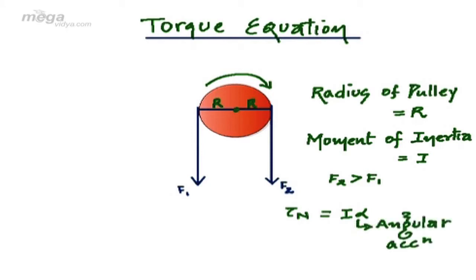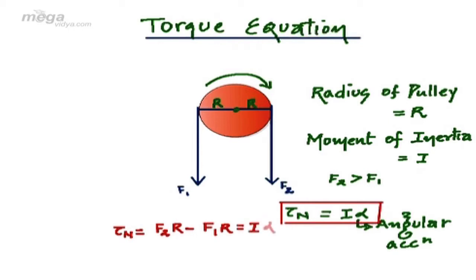From the figure, the net torque acting on the system will be the product of force and the radius, that is F2r minus F1r, and the whole torque according to the torque equation can be written as equal to I alpha, or we can say (F2 minus F1) r will be equal to I a upon r.